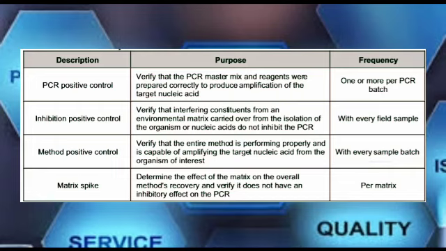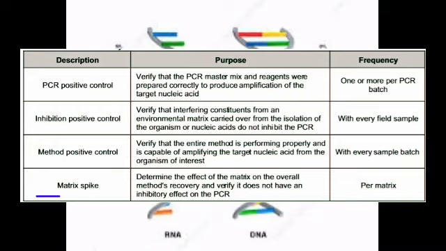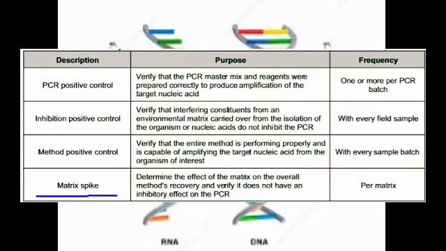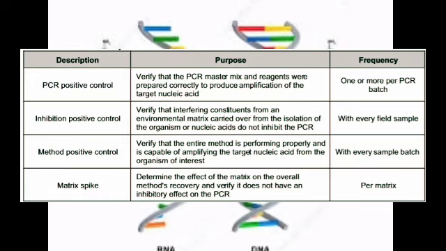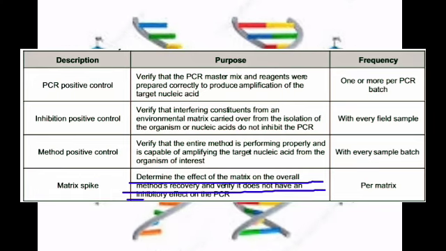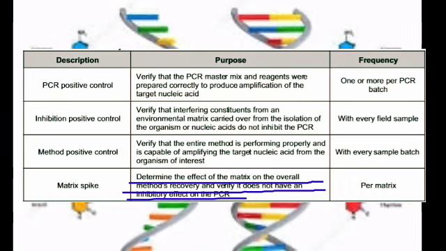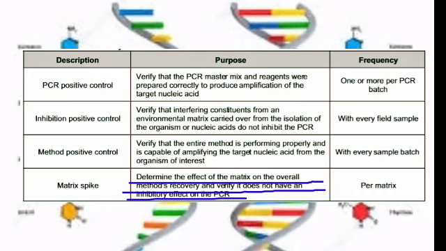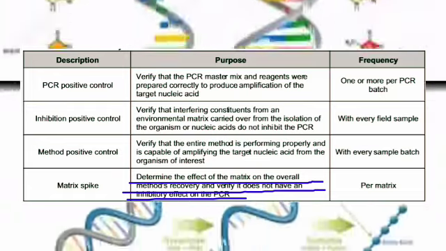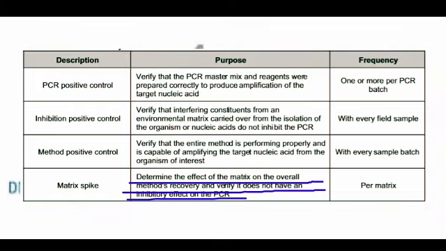The fourth positive control is the matrix positive control, and it is used to determine the effect of matrix on the overall method's recovery and verify it does not have an inhibitory effect on the PCR.